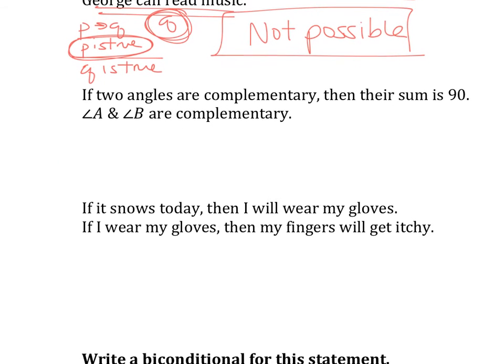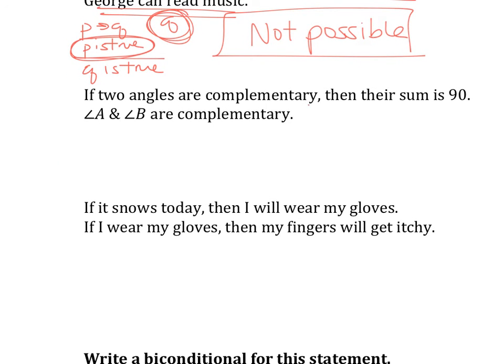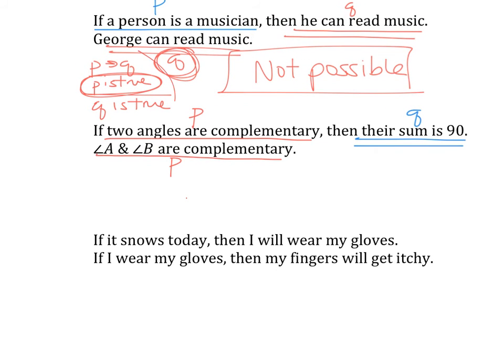This second one says if two angles are complementary, then their sum is 90. And it says A and B are complementary. So this is if P, then Q, and they gave us that P is true. So if you look at this flow again, you need if P then Q, and the P portion has to be true.